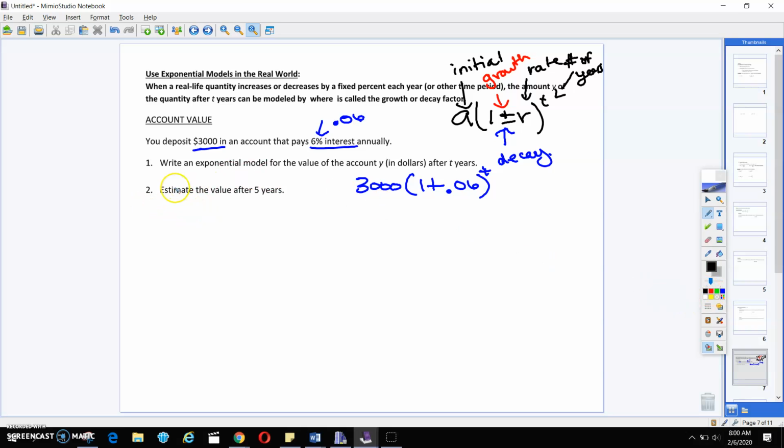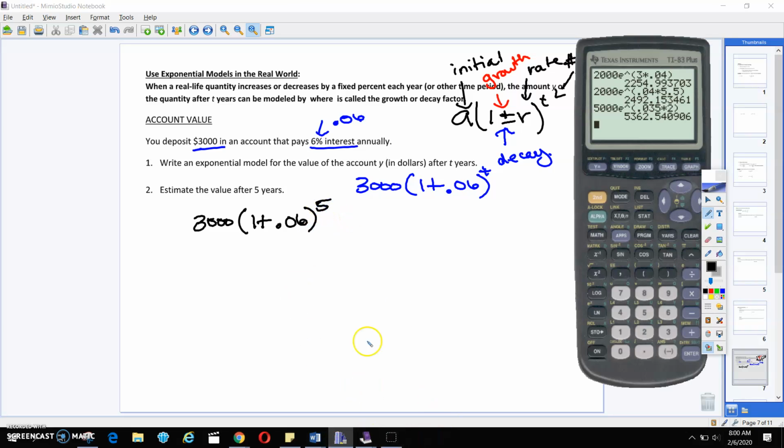Now on part 2, it says estimate the value after 5 years. So all we're going to do is take 5 and plug it in for t. So we're going to say 3,000 times 1 plus 0.06 raised to the 5th power.